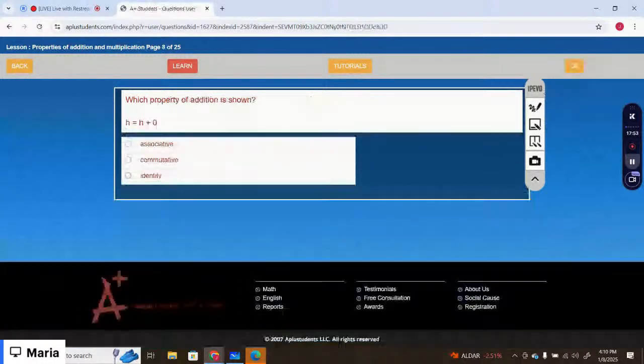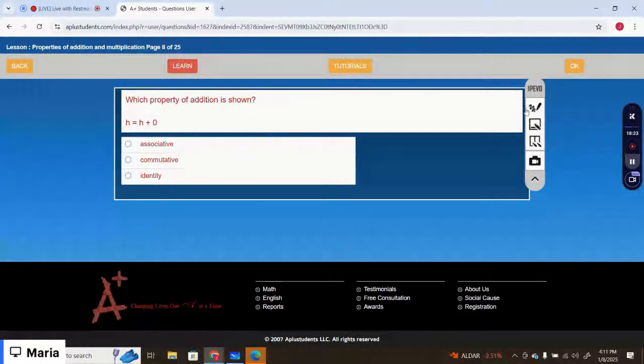Which property of addition is shown: h equals h plus 0? So which is the correct option? That is identity property.